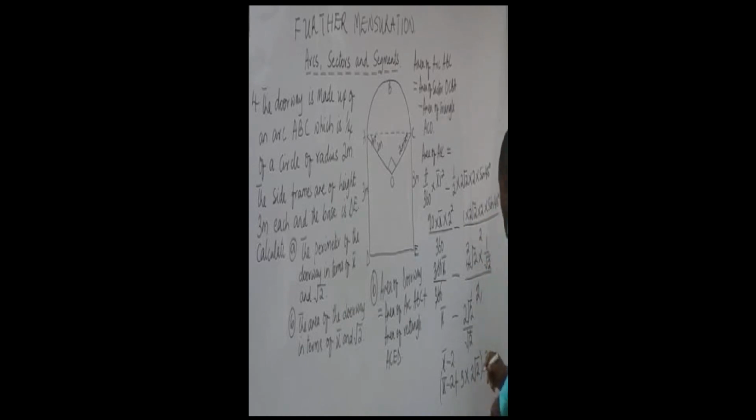That will give you the area of that doorway. 2 times 3 is 6. So this will now give us pi minus 2 plus 6√2 meters squared as the area of that doorway. And that has brought us to the end of question number 4.